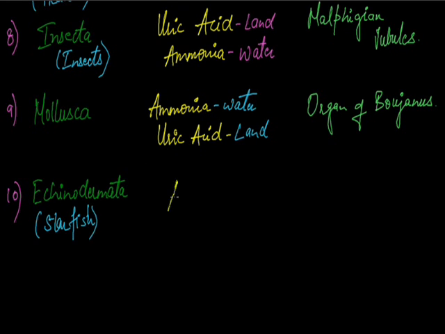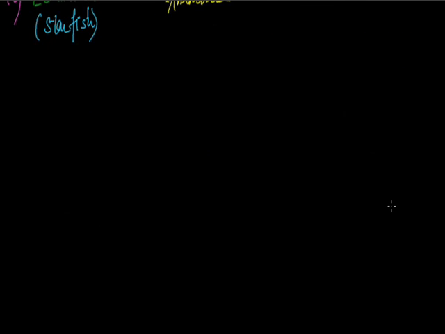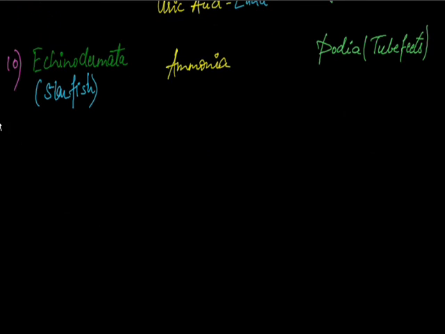They mainly excrete ammonia as their waste product from the organs called podia, which are called tube feet, which help in excretion. Next is hemichordata.